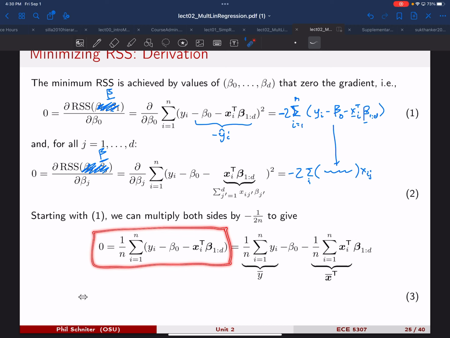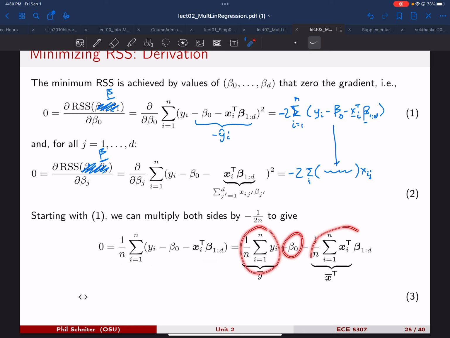And then we can expand this sum into 3 different terms. Just like on the last page, we recognize the first as y bar, and we recognize this term as x bar transpose. We can think of this as separate from the beta 1 through d because this does not have an i dependence. So that's why we can make this substitution.